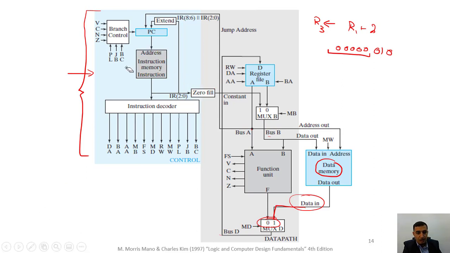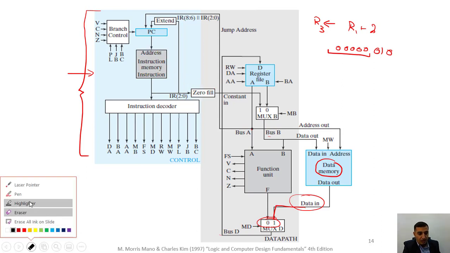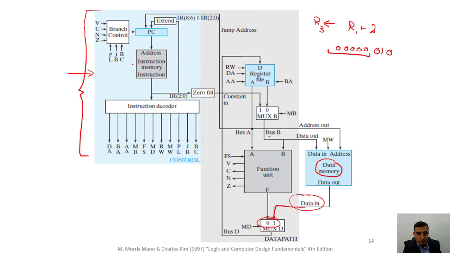Basically, this is our instruction memory, and the instruction memory contains our instructions, which are controlled by the program counter. The usual operation of a program counter is basically PC gets PC plus 1, unless we have a branch instruction.